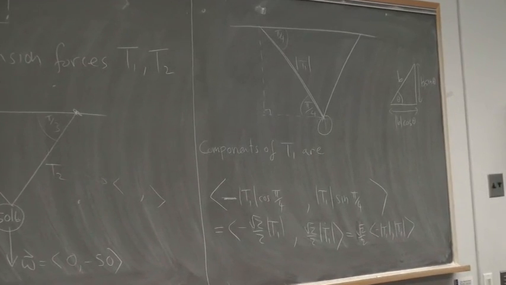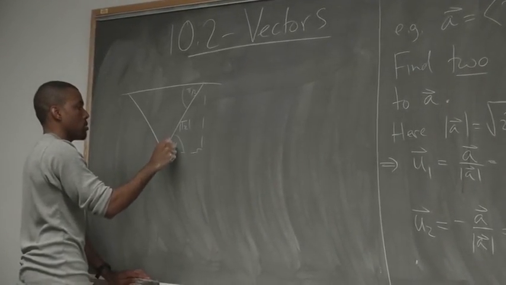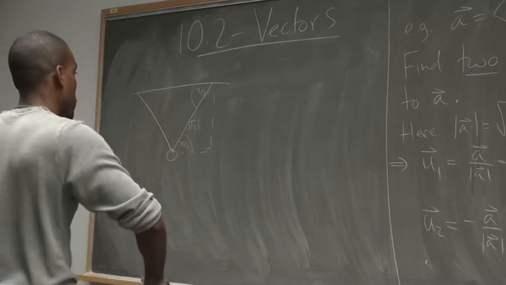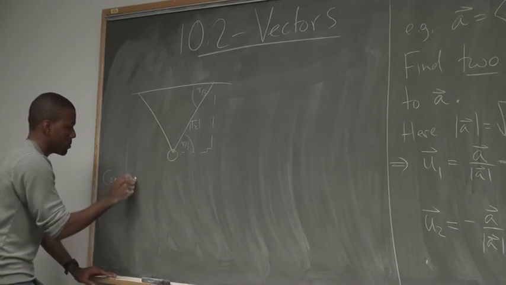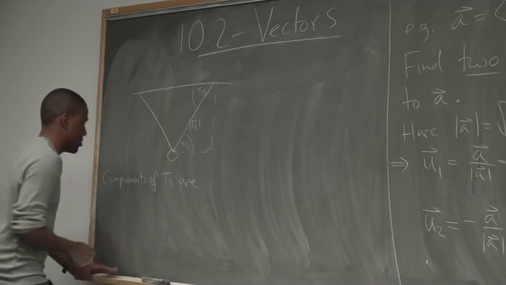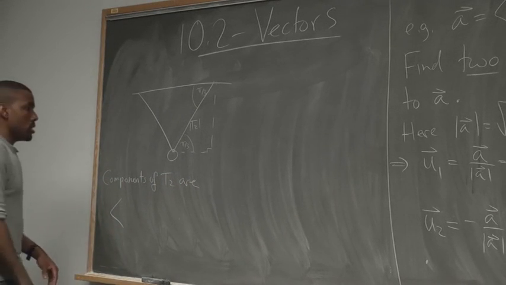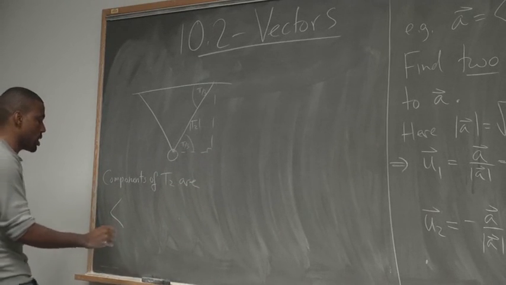So now if we focus our energy on T2, so the triangle here, this would actually be pi over 3, which is what I think I made pi over 3. Yes, pi over 3. Then the components of T2 would be, the horizontal component is going to be the cosine.